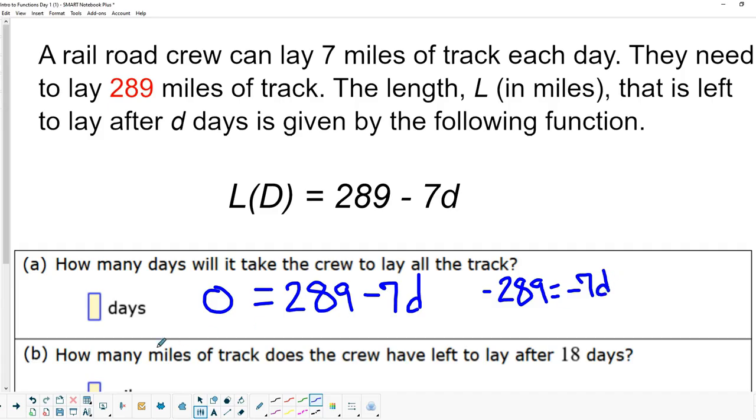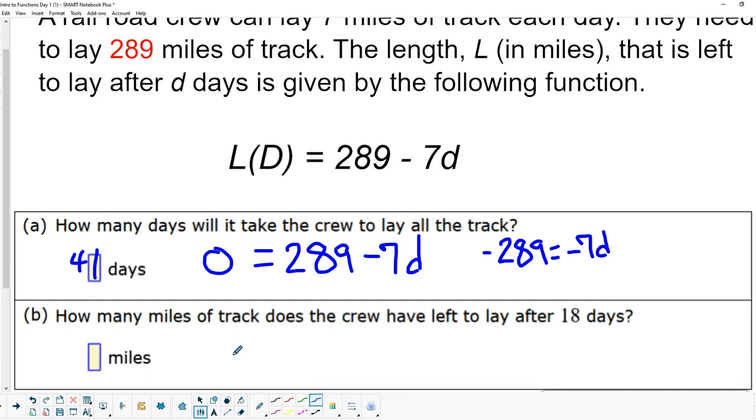And then if you calculate that on your calculator, and I'm going to calculate that on my calculator that you won't see, but you could try it with your calculator. So 289 divided by 7 comes out to be, excuse me, 41. So it can be about 41 days if I divided that correctly, okay?